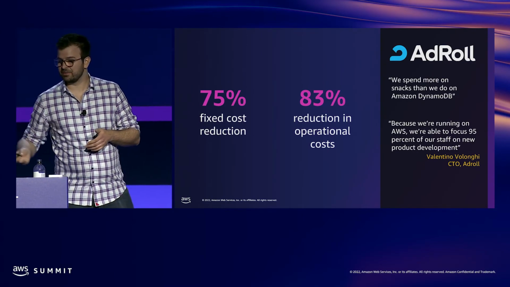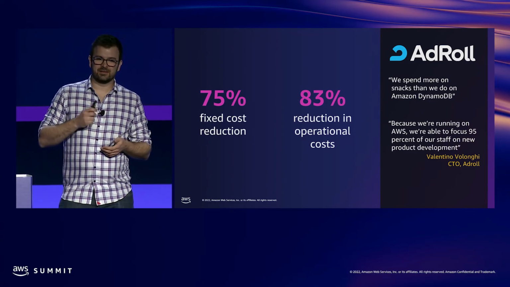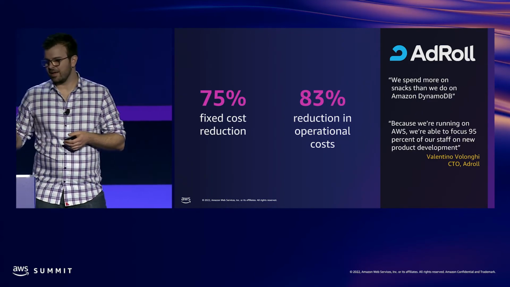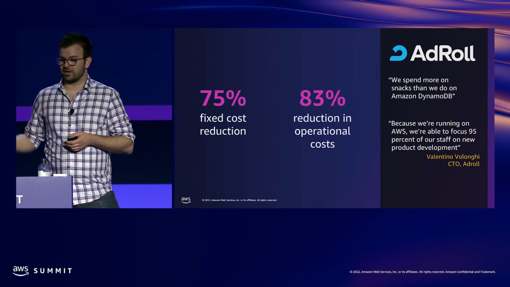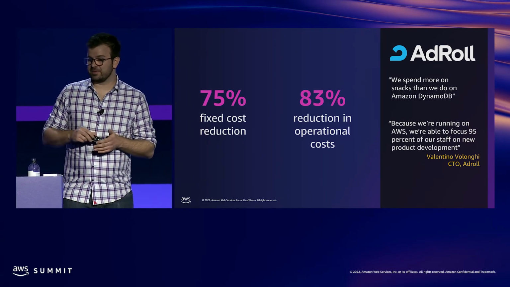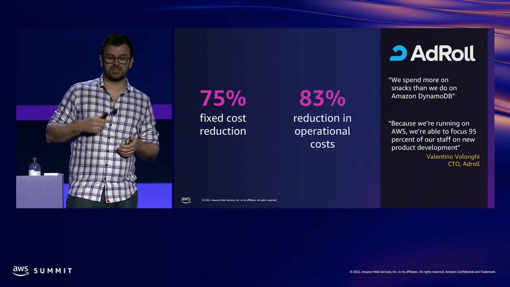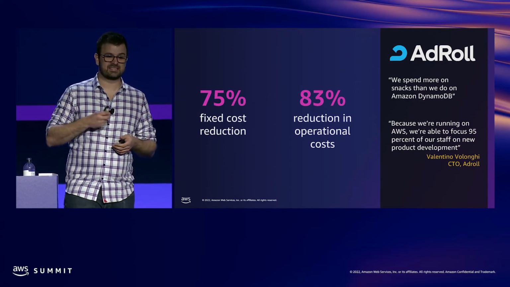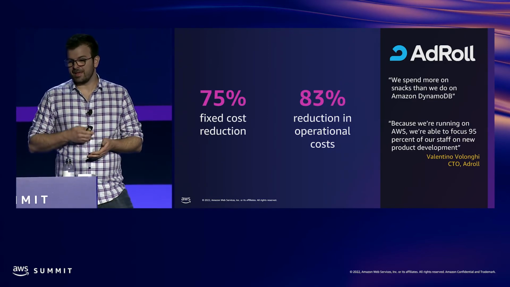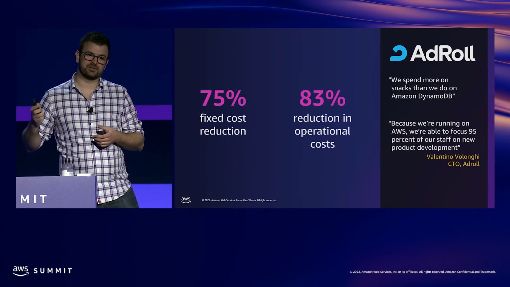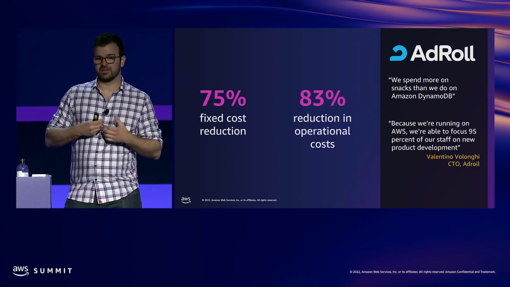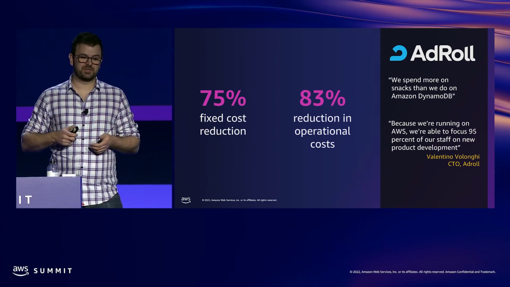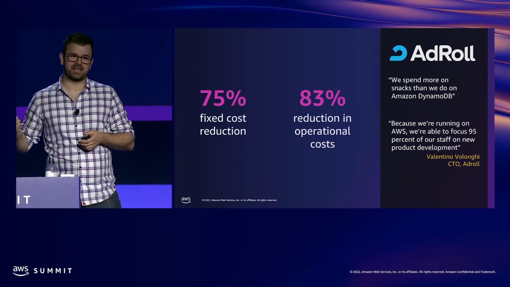I also, lastly, want to talk about AdRoll, because they're a customer that we've seen really take advantage of automation. They're a big Spot and auto-scaling user. And because of all the work they've done, they were able to reduce their fixed costs, things like servers and infrastructure, by 75%. And because of all the automation they've done and all the systems that they've designed to do all this at the massive scale that they operate at, they're actually able to reduce their operational costs by 83%.